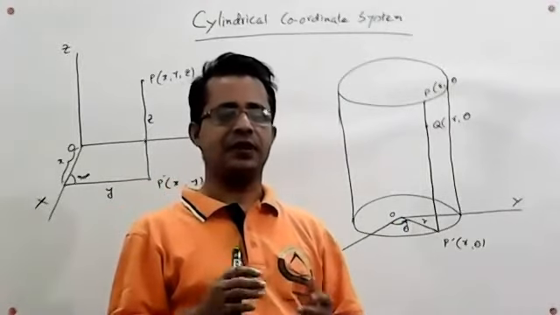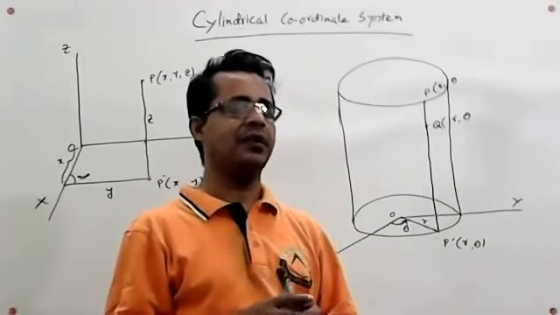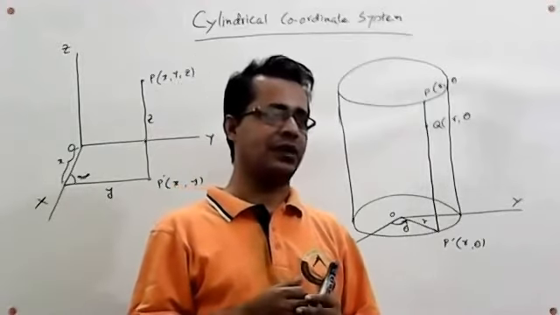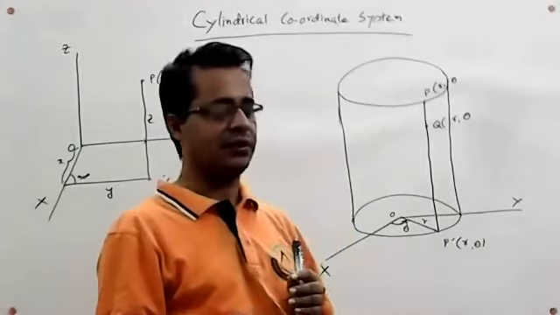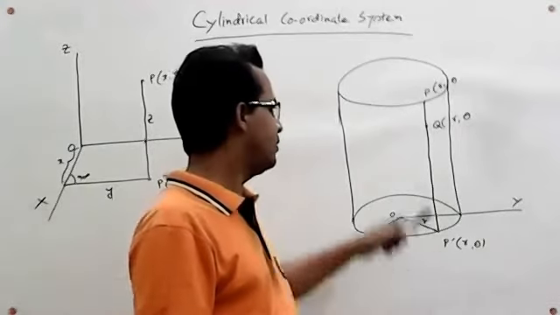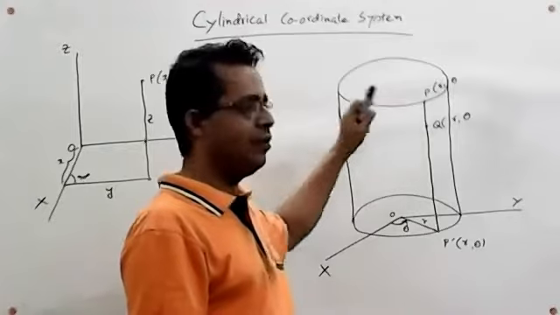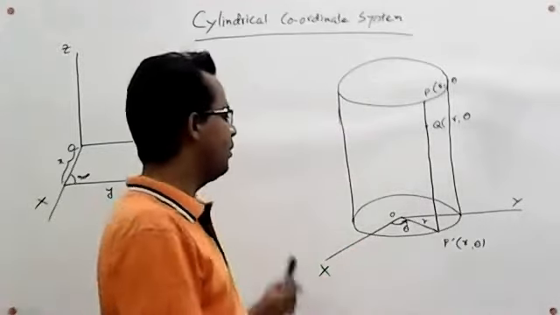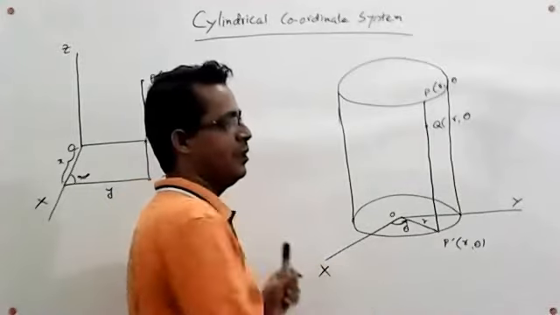If P and Q are different points, then they should have different identities. That is why we can conclude that we cannot measure a point on the curved surface of the cylinder only by the two-dimensional polar coordinate system.